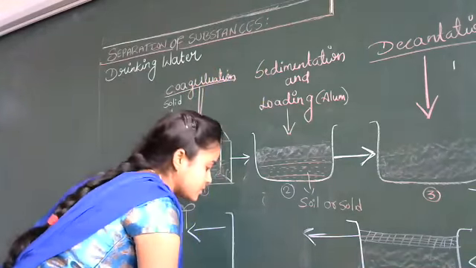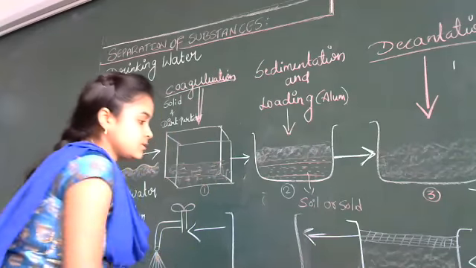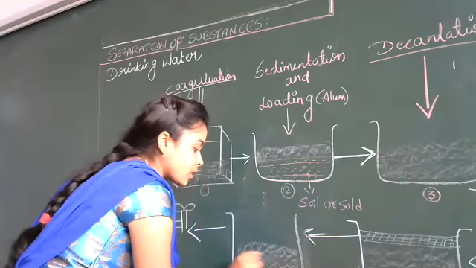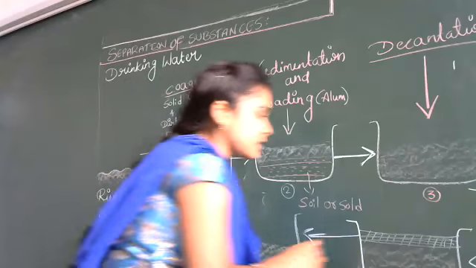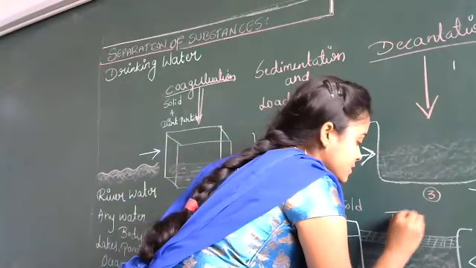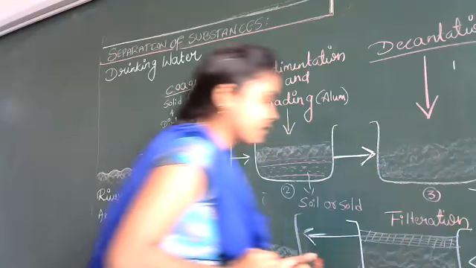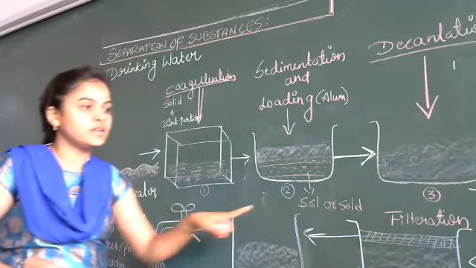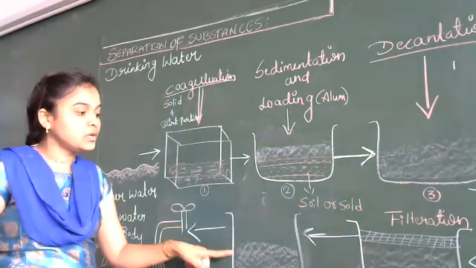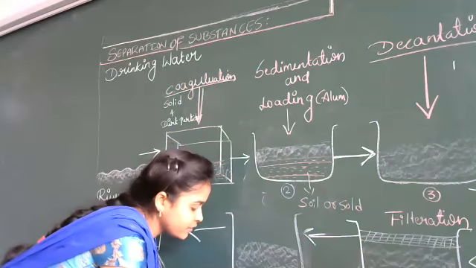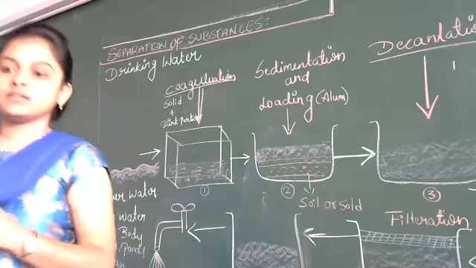Okay, here I draw some containers. You will understand it easily. So here the purified water. Here what has been done? Here filtration. The fourth step is filtration. After filtration, we send it to the next container, that is the fifth container.